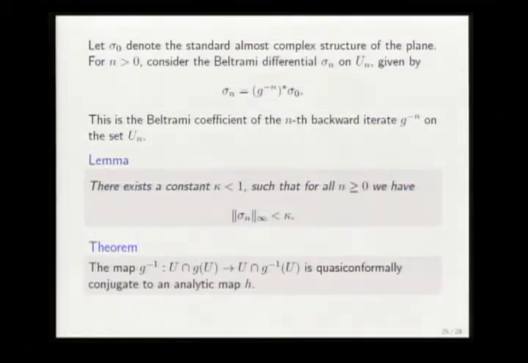Based on the previous estimates, we immediately see that the essential supremum of sigma n is bounded by k, which is bounded away from 1. So it's k less than 1, and they're bounded uniformly, independent of n.